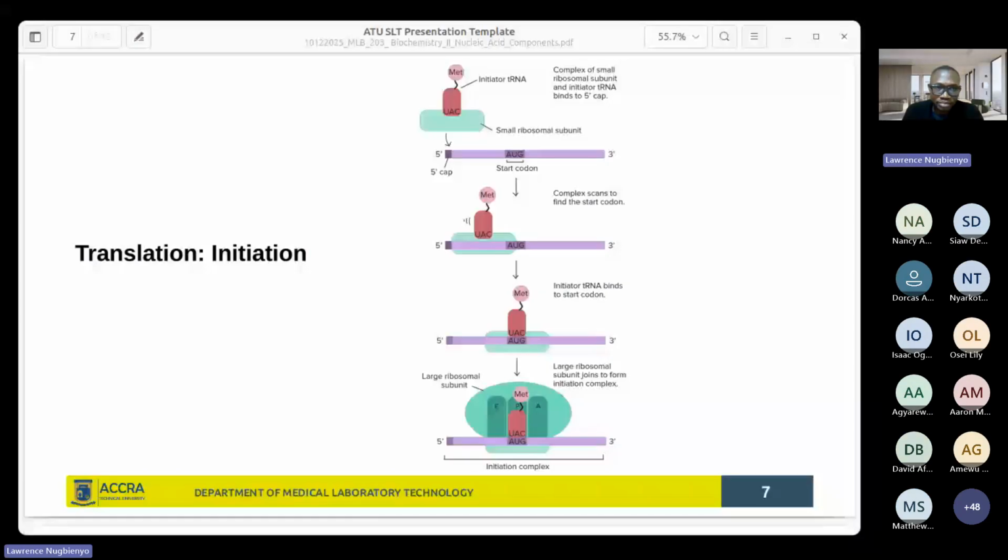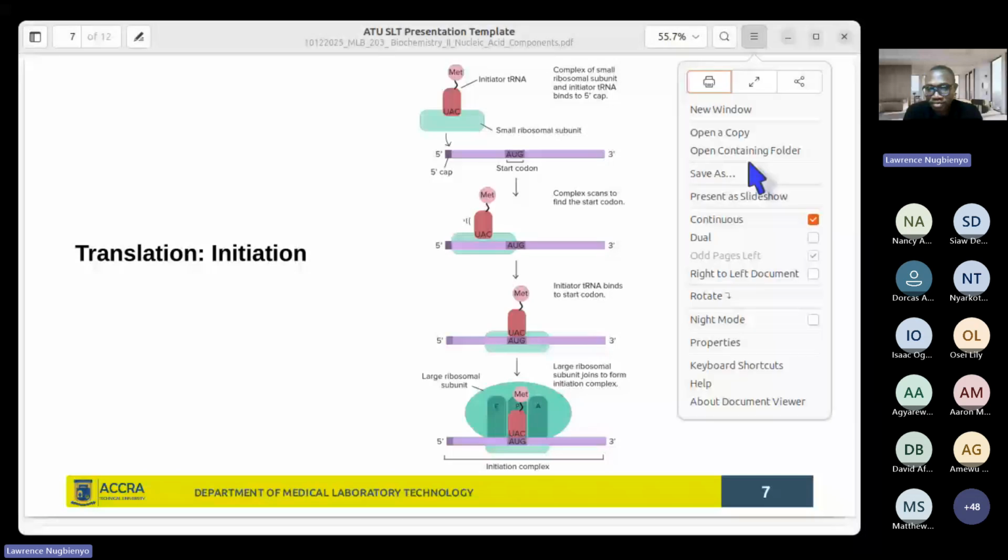All right, so that was the process of transcription and translation combined to give us that whole process of gene expression. So when we refer to gene expression, we're just referring to the synthesis of proteins out of the genes, because the genes are coding for specific proteins, and these proteins have specific functions in the body.